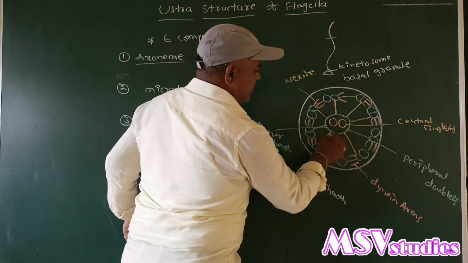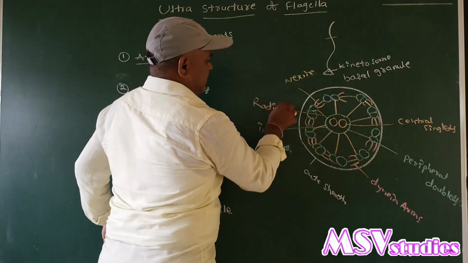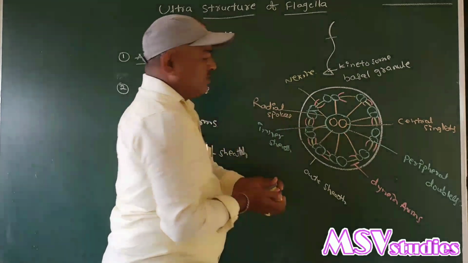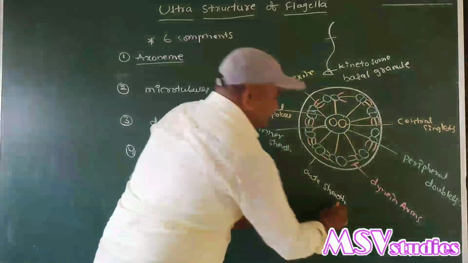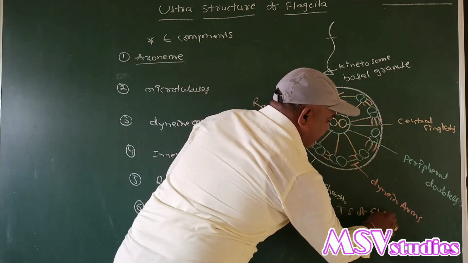So these are radial spokes. Okay, so this is the TS of flagella.